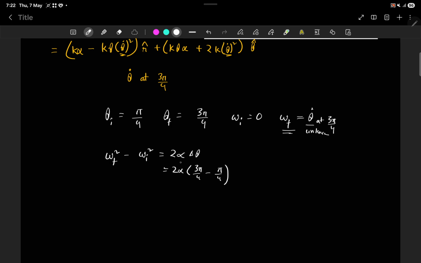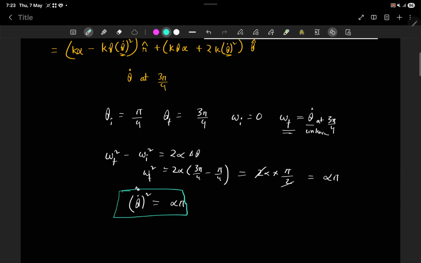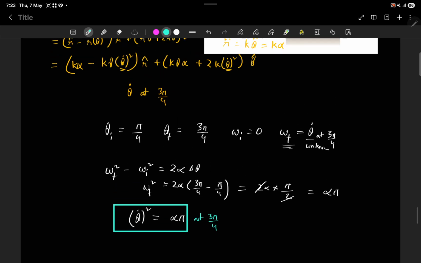Omega initial is 0, so I am getting 2 alpha into pi by 2, the 2 cancels out, so theta dot square equals alpha pi. Remember, this is at 3 pi by 4. So I have got this one.